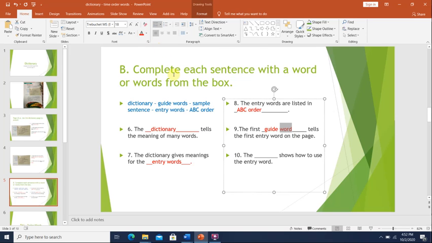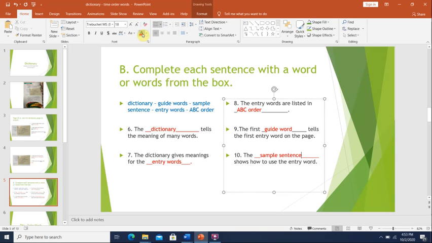From the guide word. The blank shows how to use the entry word. The sample sentence shows us how to use this word in a sentence.